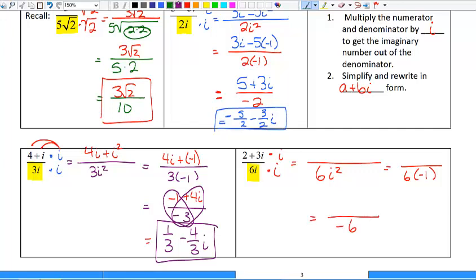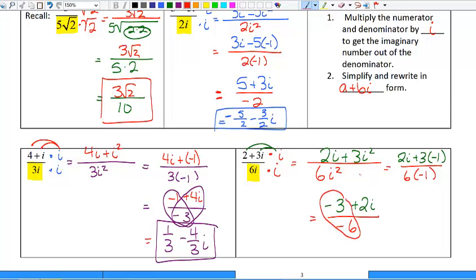Now I have to go back and be fair: whatever I do to the denominator, I have to do to the numerator, which gets me 2i plus 3i squared. We know that any i squared is negative 1. 3 times negative 1 is negative 3. I'm going to put that one in the front, because that's a real number, whereas 2i is an imaginary number. Now this is not quite in a plus bi form.